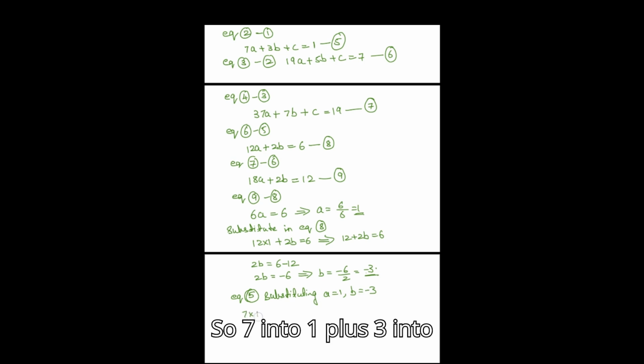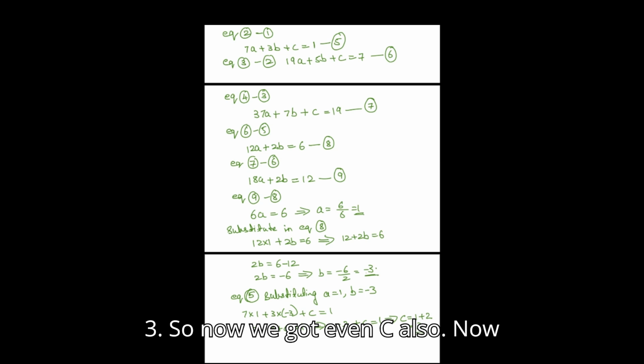So 7 into 1 plus 3 into minus 3 plus c is equal to 1. 7 minus 9 plus c is equal to 1. 7 minus 9 is minus 2. So minus 2 plus c is equal to 1. c is equal to 1 plus 2, which is 3. So now we got c also.